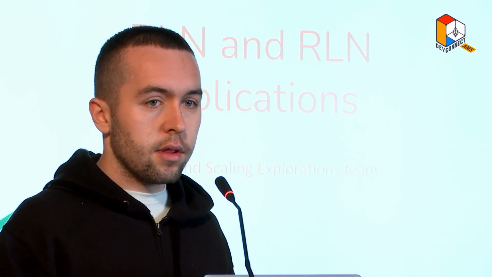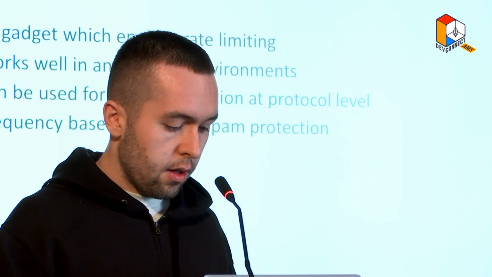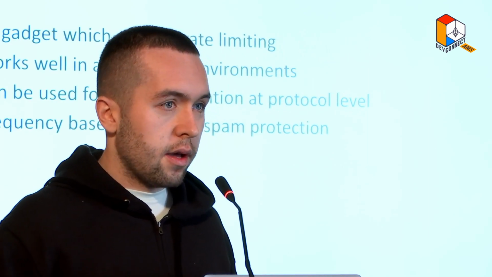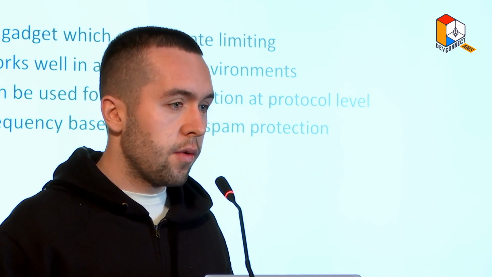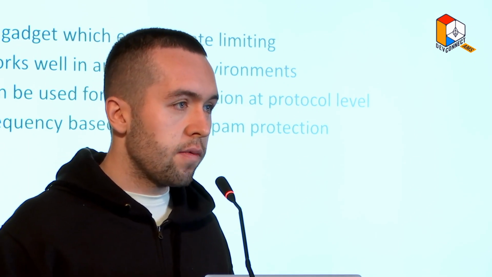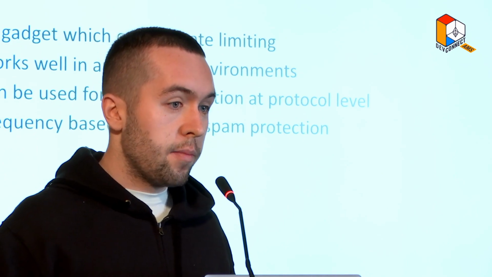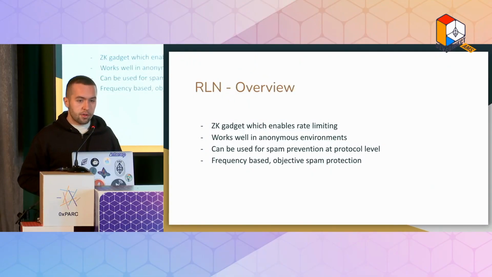I work on the RLN primitive. Today I'm going to talk about RLN, a high-level overview, and additionally RLN applications and what we can do with it in the real world. So RLN is a zero-knowledge gadget which enables rate limiting and can be very useful for spam prevention in privacy-preserving environments.